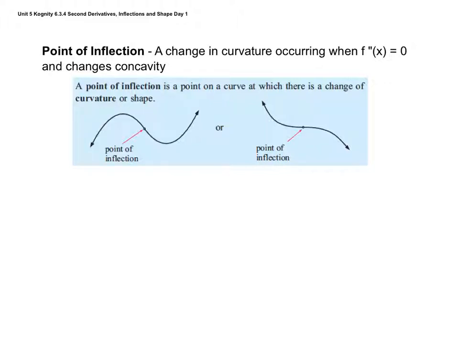Well, we don't have critical points when we're dealing with the second derivative. We have what are called points of inflection. Okay? Points of inflection. Now, a point of inflection, this is a term you should know, is this point here where our concavity changes. Okay?